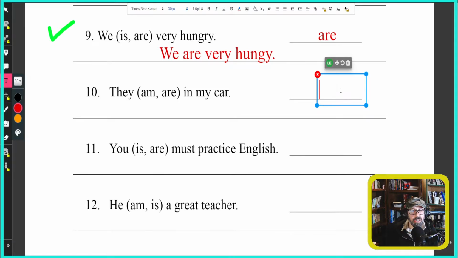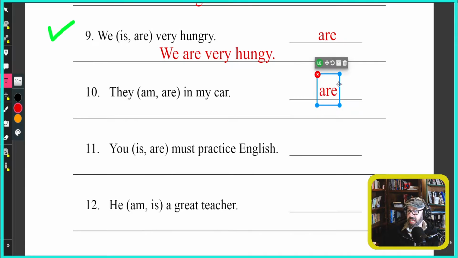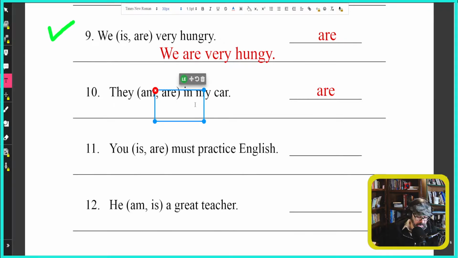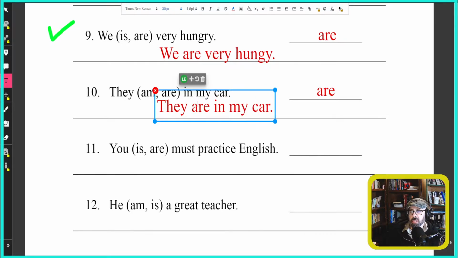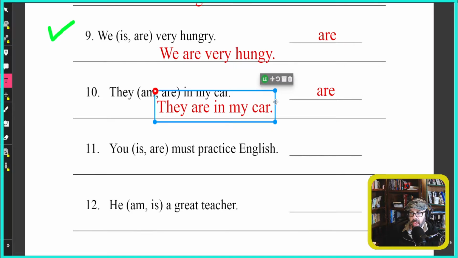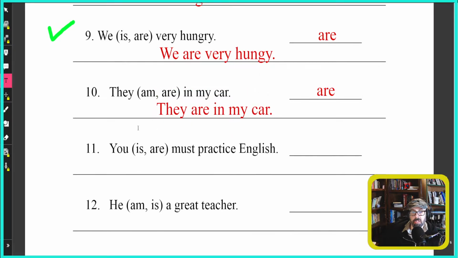Writing the full statement correctly as a sentence: they are in my car, period. Okay, number 11.